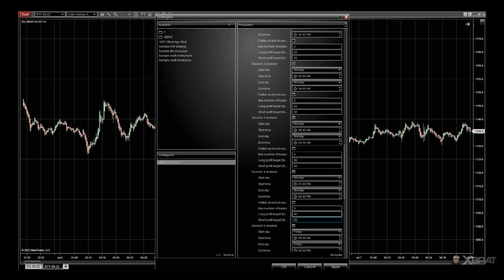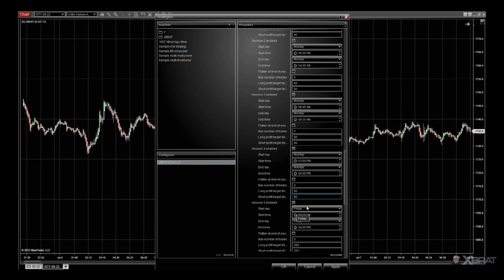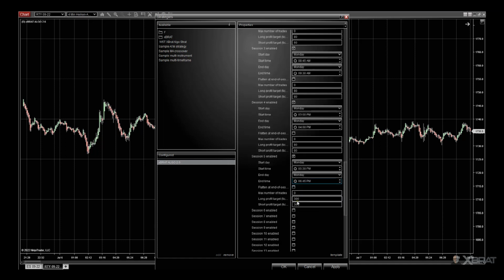If you put 0 there, it just would not trade the longs. And then the last one on the Monday is 5:30 to 6:45 p.m. Just change those 2.